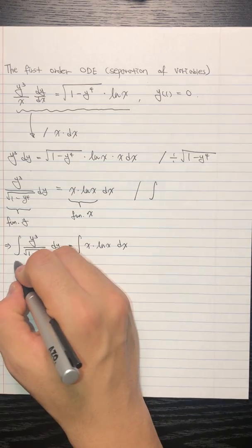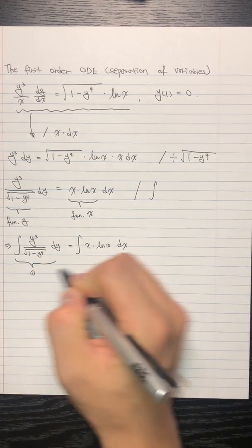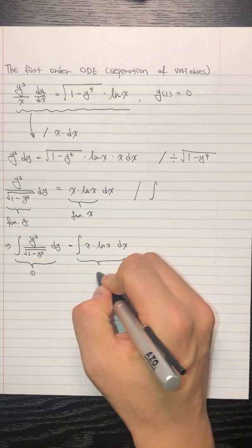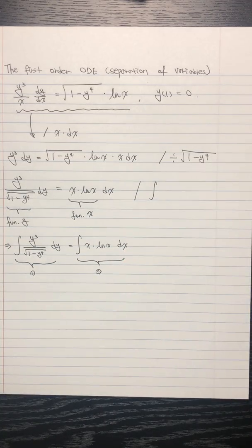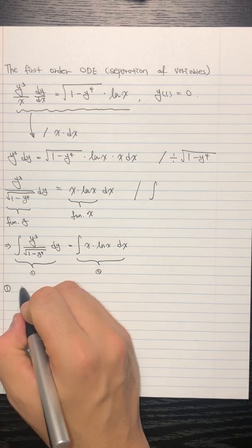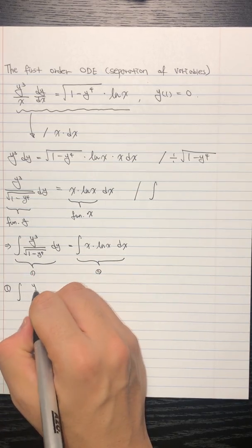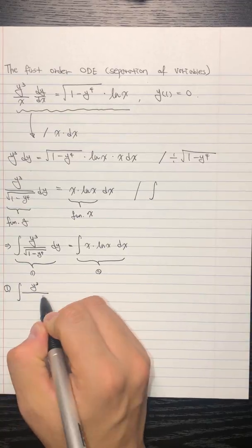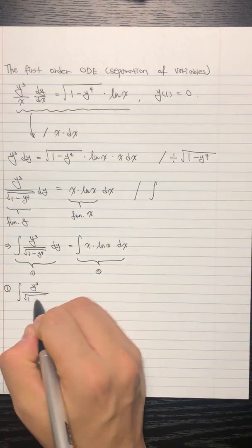We call this one number 1 and this one number 2. So we solve number 1 first.